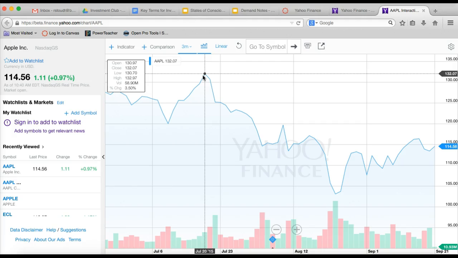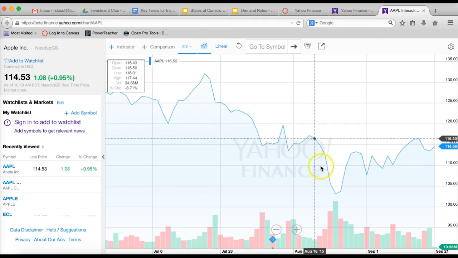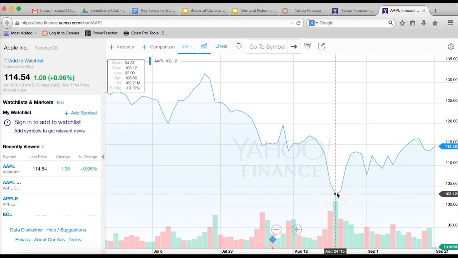But then look at the lowest point in the last 3 months. The lowest point was back on August 24th, and the closing price there was $103.12. That was a drop of almost $30 a share in less than a month, because the high point was July 20th and the low point is August 24th. I point this out to show you that the market is very volatile right now.